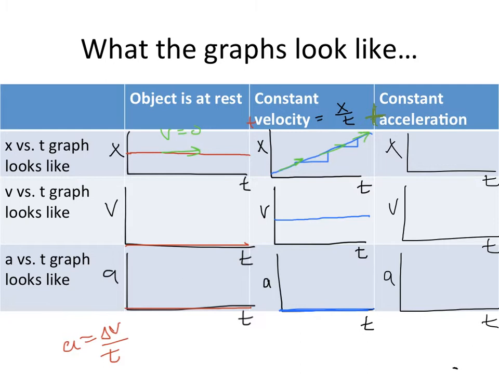So this constant positive acceleration is, I don't know, let's just give it a positive value. It's constant, the acceleration is not changing, but it is, at least in the positive direction right here. It's somewhere above zero. So it's got a certain change in velocity over change in time. Remember, down here, this y value, this acceleration, is equal to the slope up here, right?